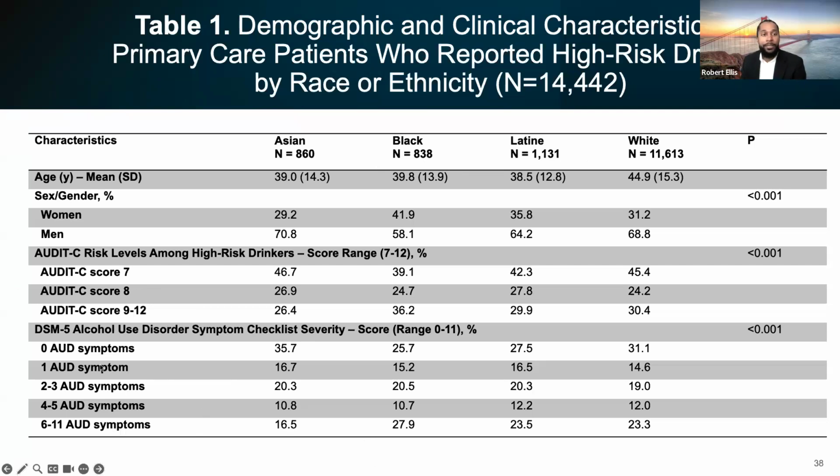And it is categorized in those different categories that we mentioned earlier in the presentation. And again, white patients made up an overwhelming majority of the sample at 80%. However, we still have high numbers for the other groups, and they also tend to be slightly older.